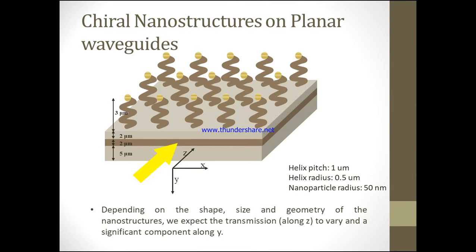Now, the chiral nanostructures are embedded on these planar waveguides, as you can see in this figure. This figure over here has these brown chiral helices, which have the same material as the core of this planar waveguide, and on top of these helical nanostructures we have metal nanoparticles, which are essentially made of gold.